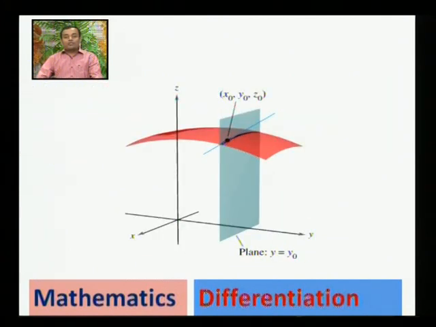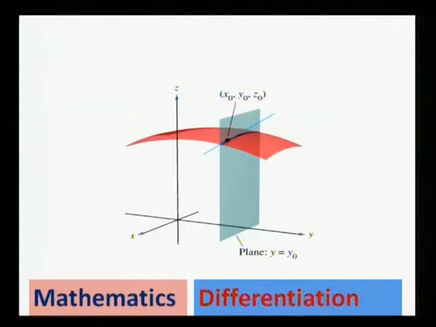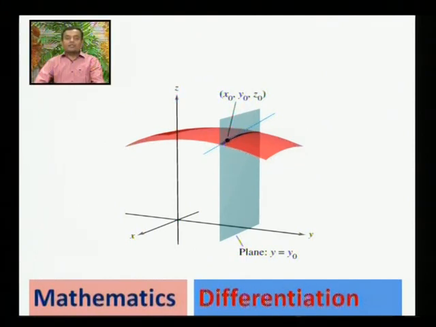Here you can see we have a surface given by red color, and in that surface we are considering a plane y equal to y0 and taking the intersection of the two. Our given surface is z equal to f(x,y), shown by red color in this figure, and we are taking its intersection with the plane y equal to y0.